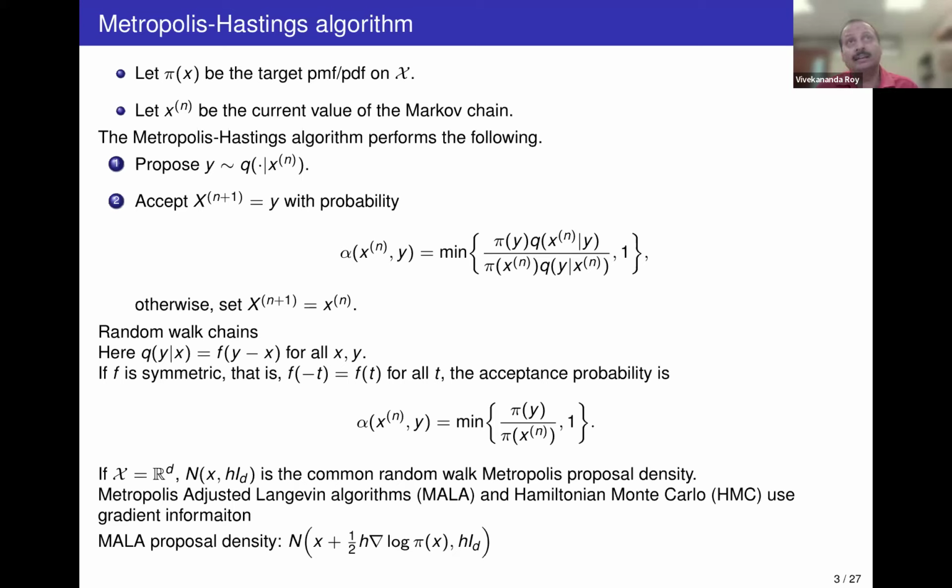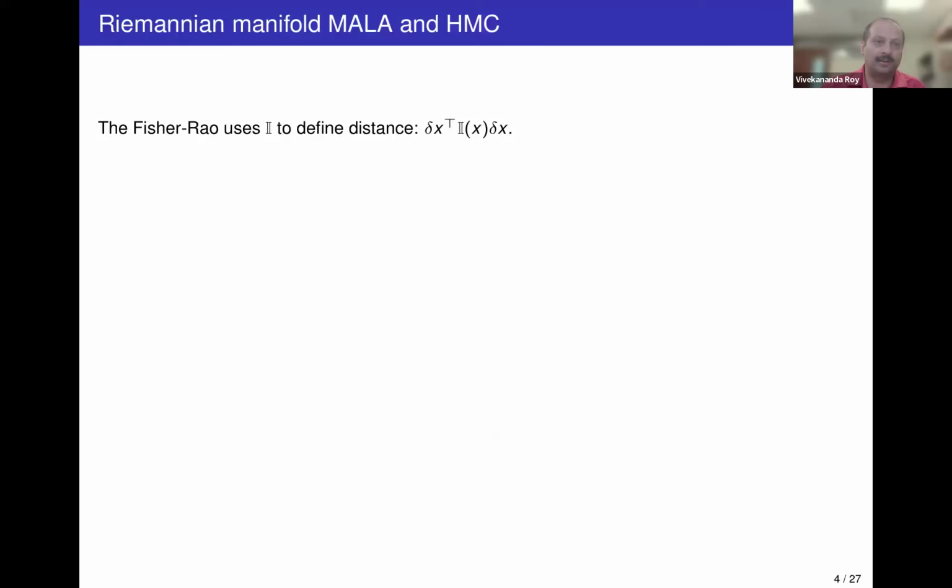On the other hand, when the target is pretty complex, for example, the target is multimodal, or the coordinates of the target are highly correlated with highly varying marginal variances, the so-called MALA and HMC algorithms are also known to suffer in the convergence and the mixing behavior.